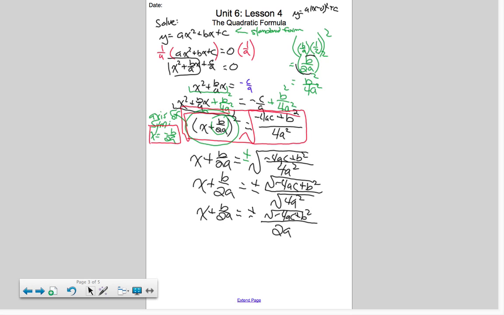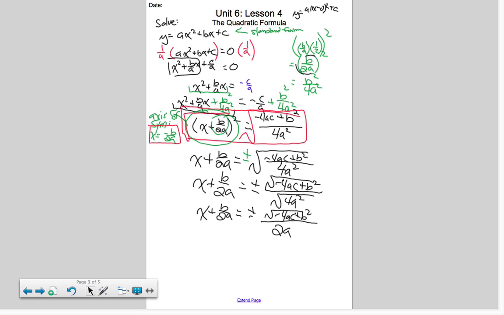Question, Jordan? Can you take the b squared out of the square root or no? No, because we're adding it, right? If this was minus 4ac times b squared, then we could, but we can't even take the 4 out because we have addition in it. Underneath the covers, a square root is to the power of 1/2.